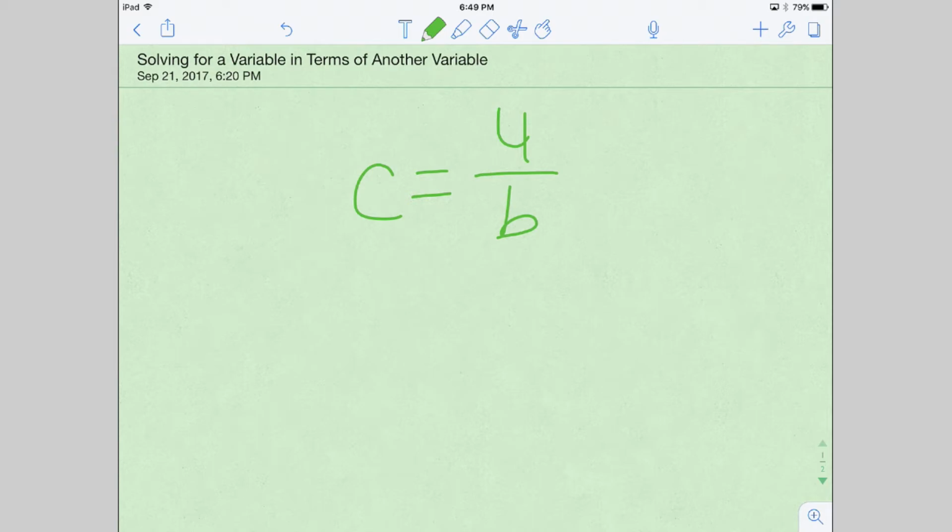Now, this is a bit of a weird thing. You might be saying, okay, 4 over b. If I wanted to solve for this 4, if that was a variable or something, then I would just multiply each side by b. So maybe since you would multiply in the denominator, you might divide in the numerator. That might be your first instinct, which would mean that c over 4 would equal b.